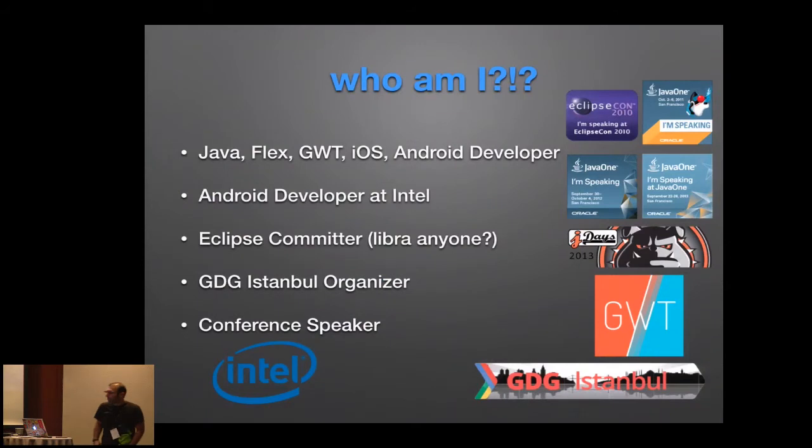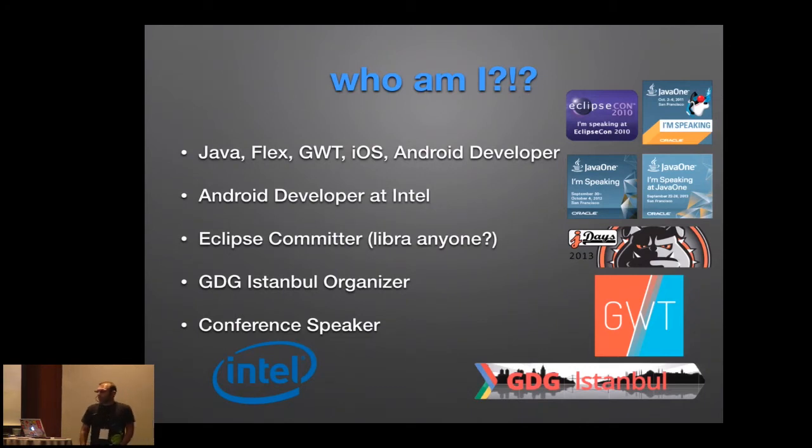So a little about myself. I'm basically a Java developer. I did some stuff with Flex. Then I realized Flash is dying, so I moved to GWT, and I really liked GWT because I wasn't a big fan of JavaScript.